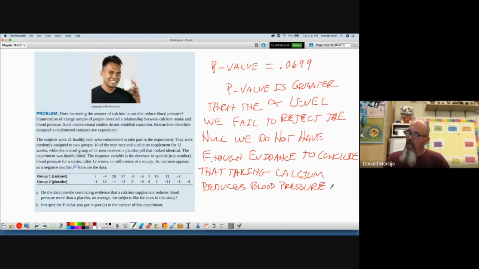The data is not statistically significant. Therefore, we cannot conclude that these calcium supplements will reduce your blood pressure.